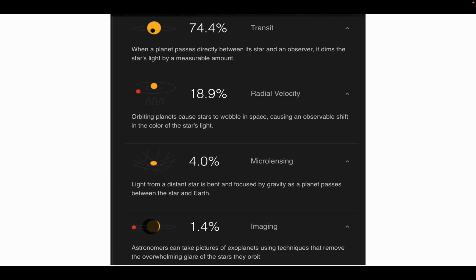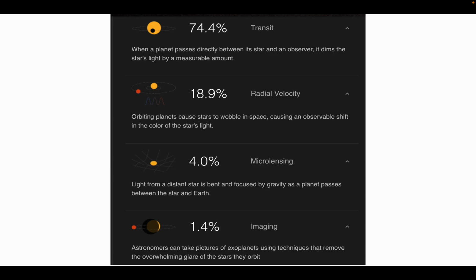So until now, the transit method is one of the best ways we have seen for planet detection, because it has detected a high number of planets. Around 74% of the planets detected so far have been detected using the transit method.